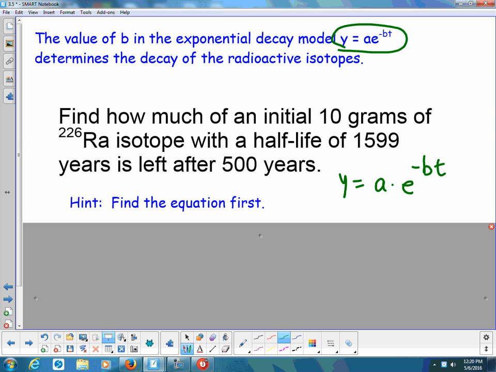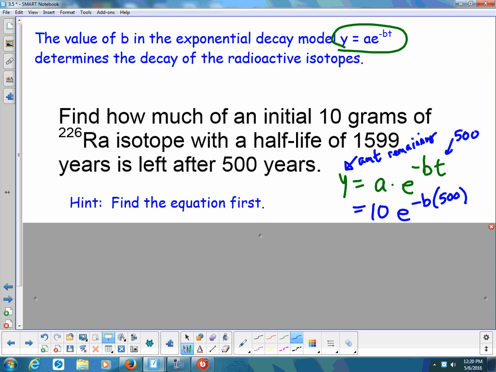If I plug in 500 years for t and 10 grams for a, I get 10 equals e to the b times 500. Remember, y in our formula is going to be the amount remaining after t years. Wait, we can't plug in the 500 yet.